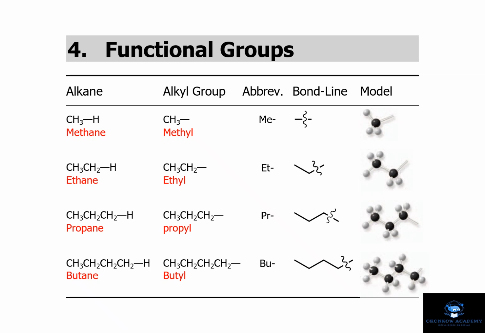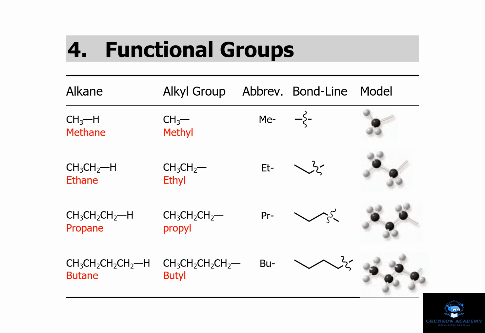Now we introduce the concept of functional groups in a systematic way, starting with alkyl groups. An alkyl group is a fragment derived from an alkane by removing one hydrogen.